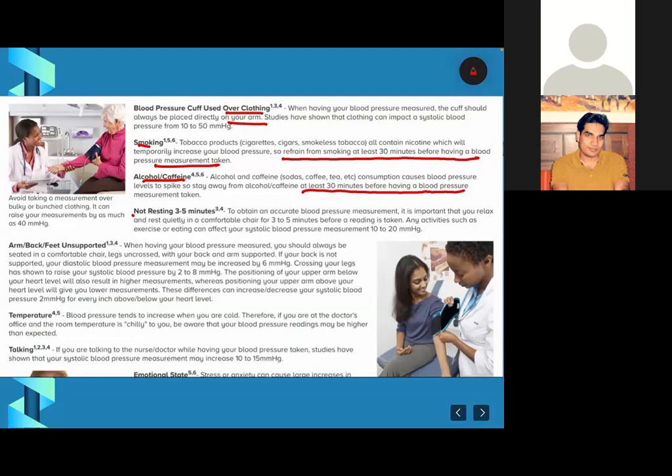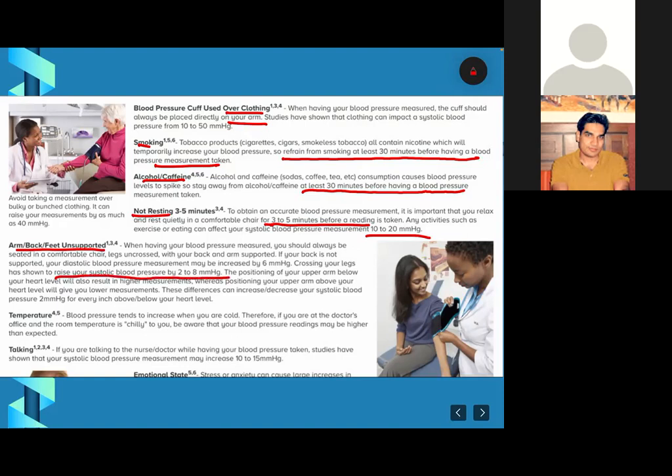Likewise, if the patient is not resting, it is advised to have 3 to 5 minutes of rest before taking the blood pressure. Otherwise, it will be high by 10 to 20 millimeter of mercury systolic. If the arm or back is unsupported, then the blood pressure will be raised by 2 to 8 millimeter of mercury.